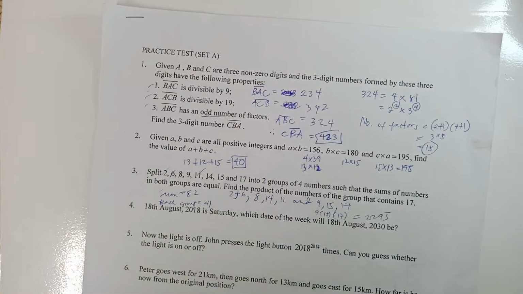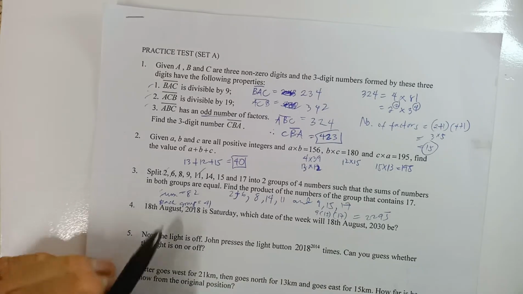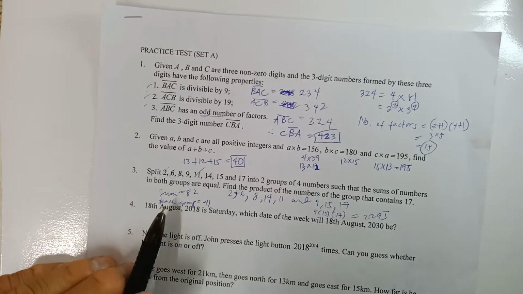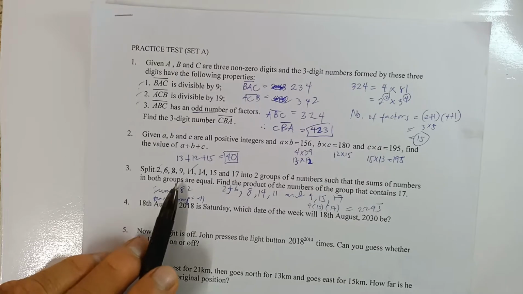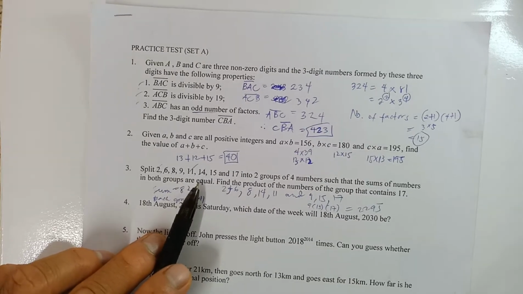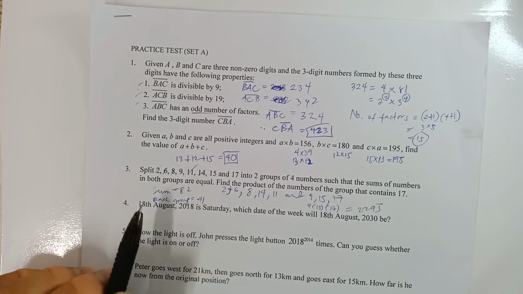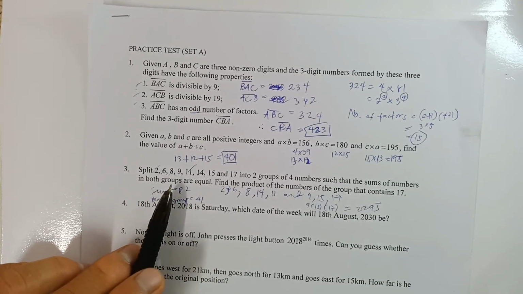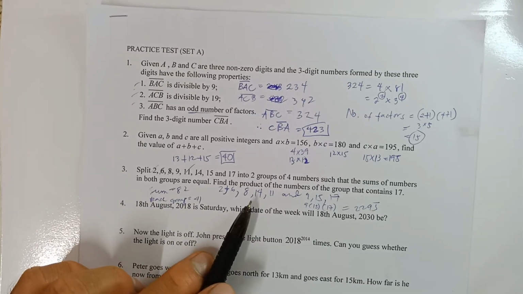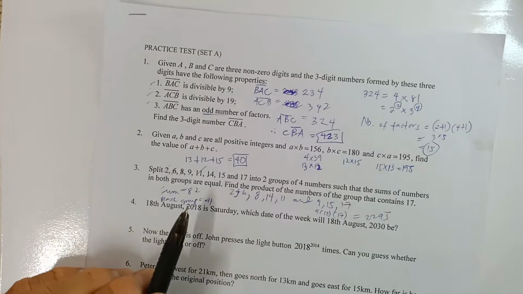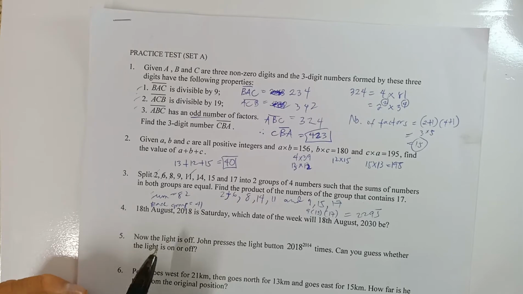All right, for problem number 3, I already have my solution here. Split 2, 6, 8, 9, 11, 14, 15, and 17 into two groups of 4 numbers, such that the sums of the numbers in both groups are equal. Find the product of the numbers of the group that contains 17. So how are you going to split these numbers?